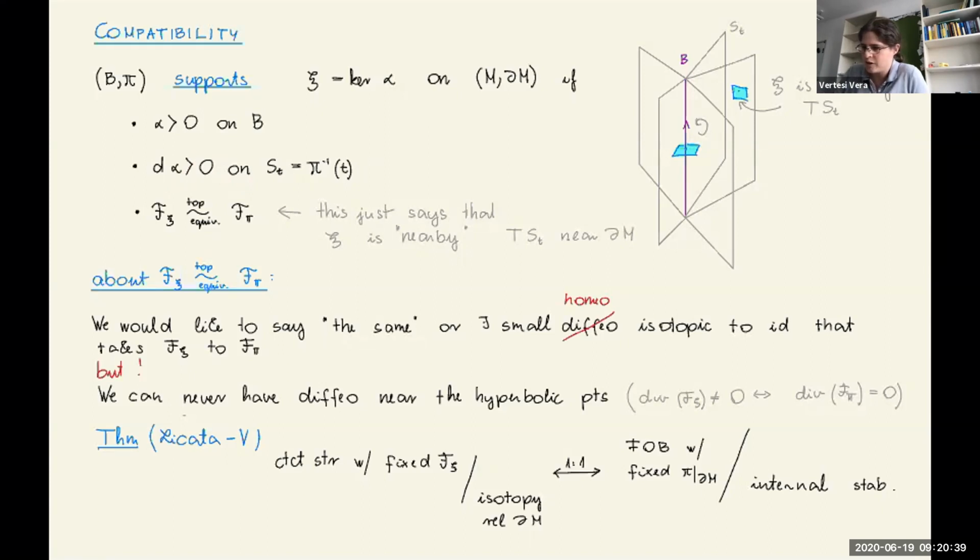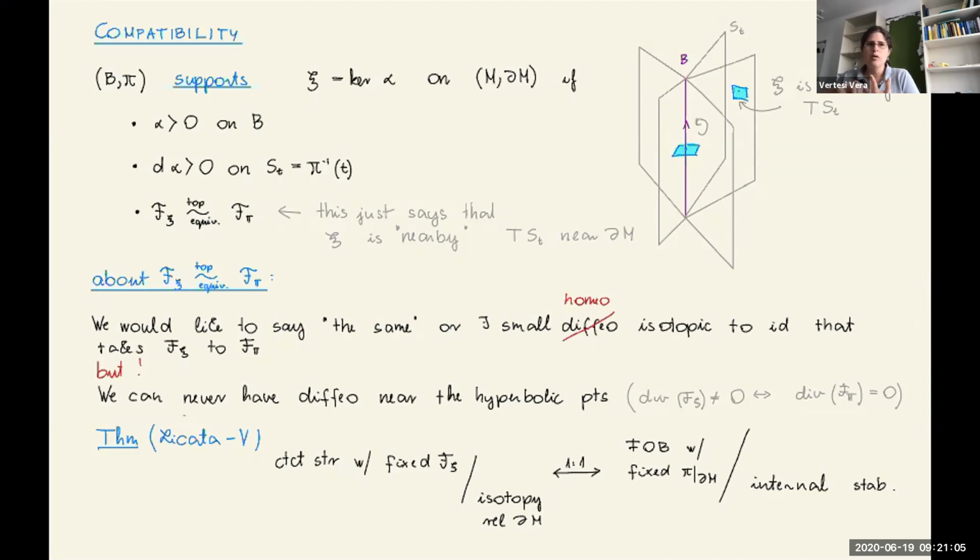And then here's the second condition, of nearby being defined near the boundary. What it says is that the characteristic foliation of the contact structure has to be topologically equivalent to the foliation given by the level sets of the Morse function restricted to the boundary.